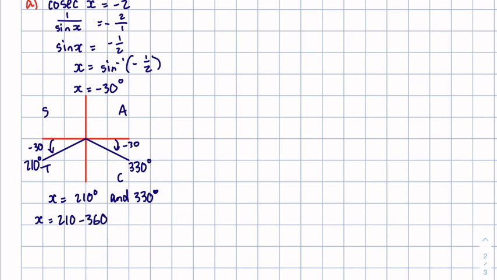There's no point adding 360, that'll give us even bigger. So 210 take 360 is negative 150. 330 take 360 is negative 30. So we did that because of the domain.